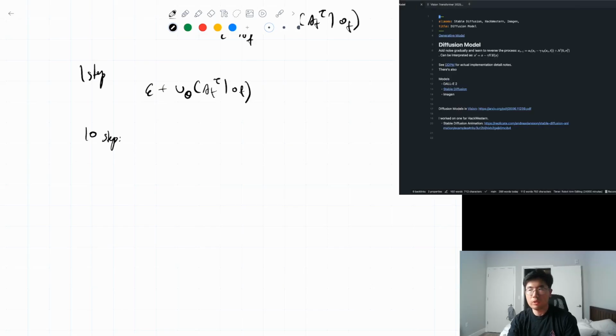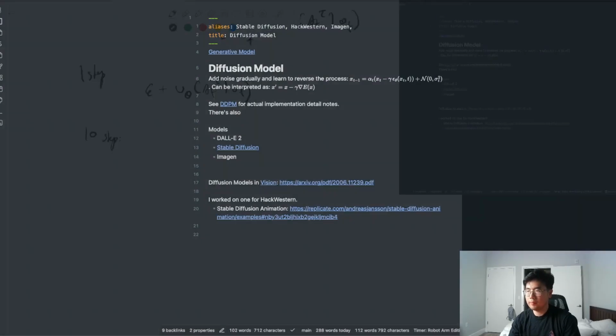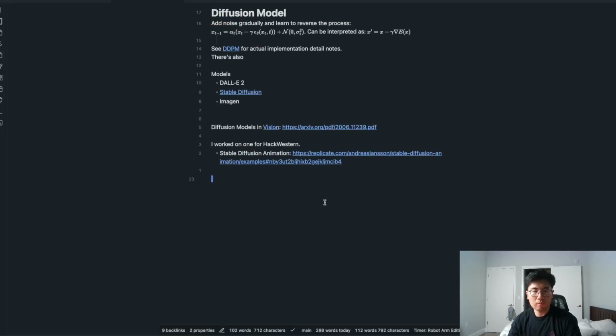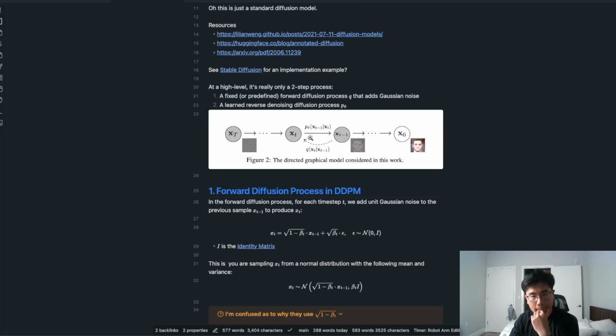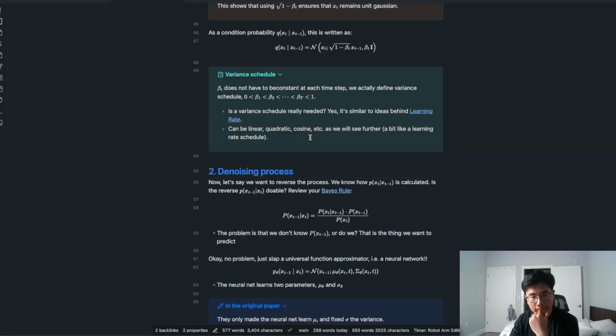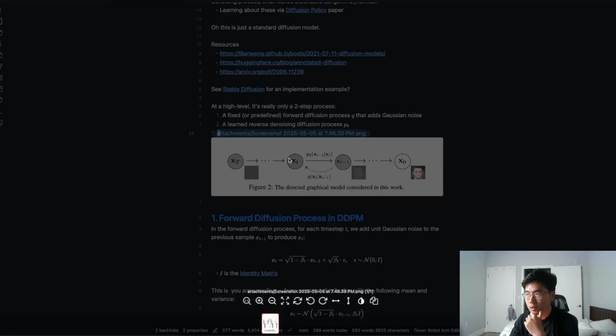Let's see my diffusion notes. Yeah, I guess like this image.